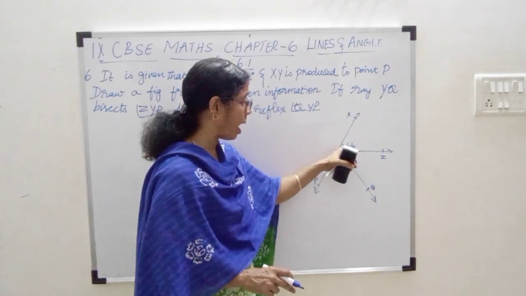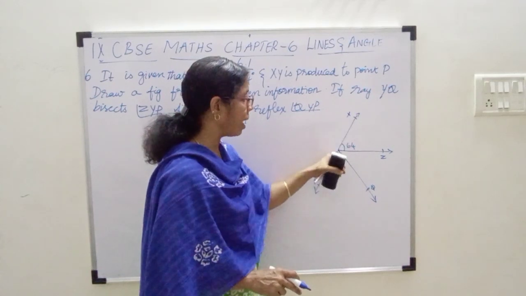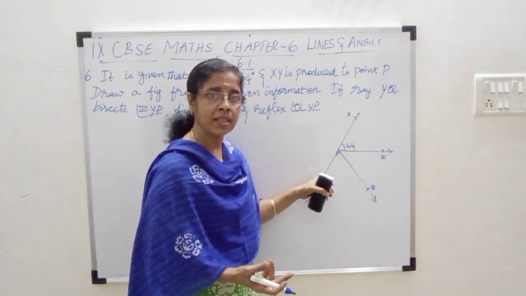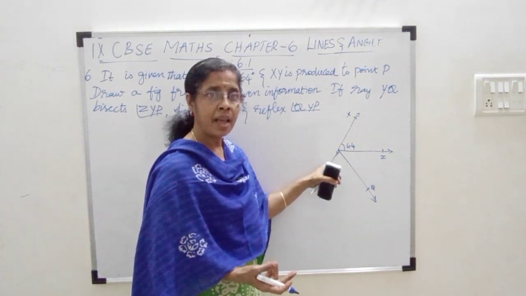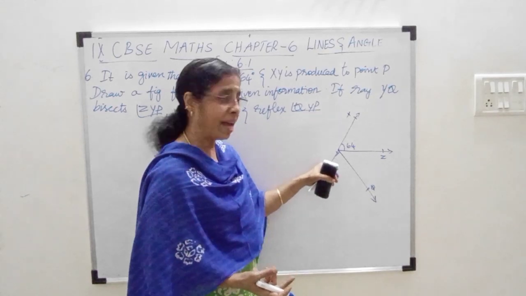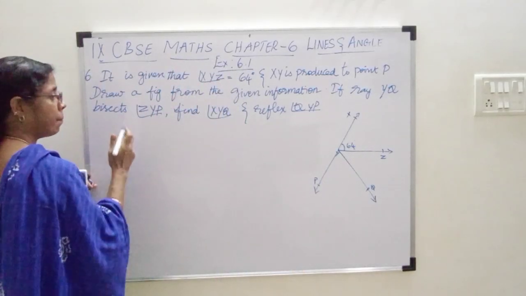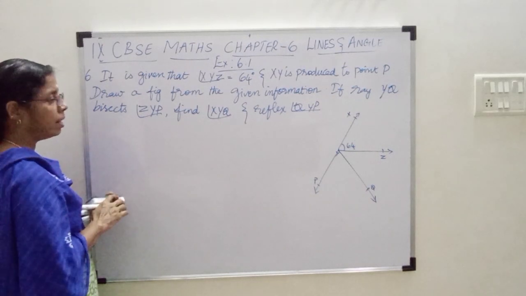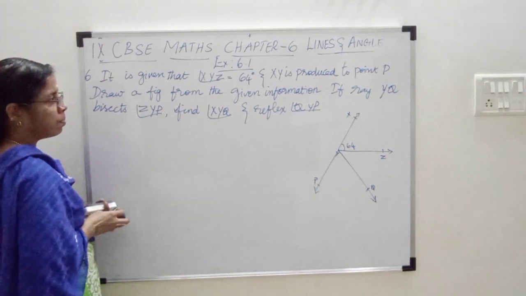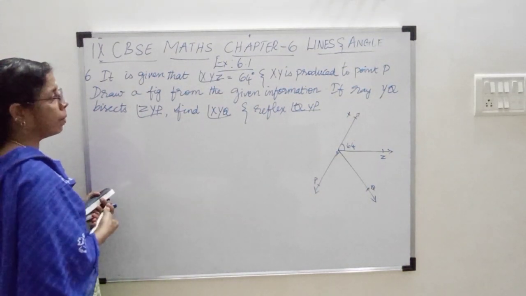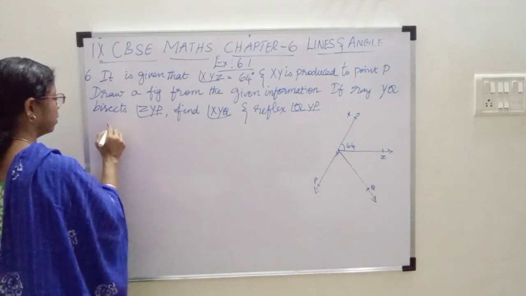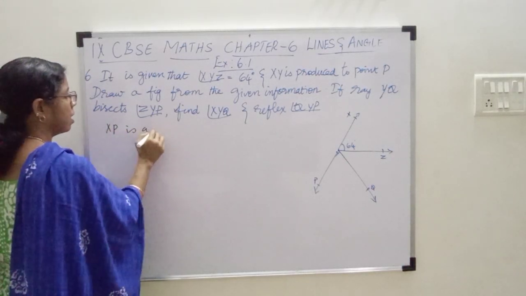Angle ZYP and angle XYZ are what type of angles? They are linear pair. Now see, XY is produced to point P, no? So XP is a straight line.